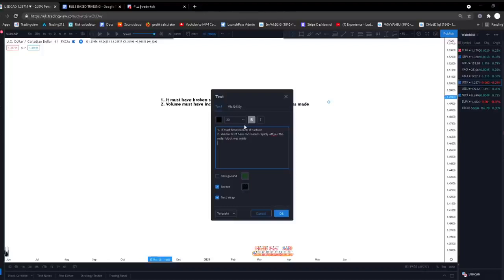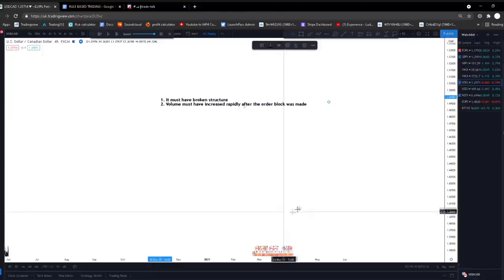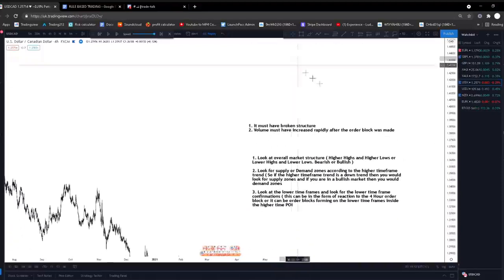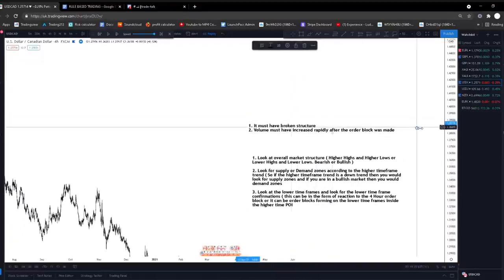What do I mean by that? We're going to be going through that today because we do have a very valid order block on USD CAD. So those are the 2 criteria that I look for when I'm choosing whether or not an order block is valid, right? It must have broken structure and the volume must have increased.